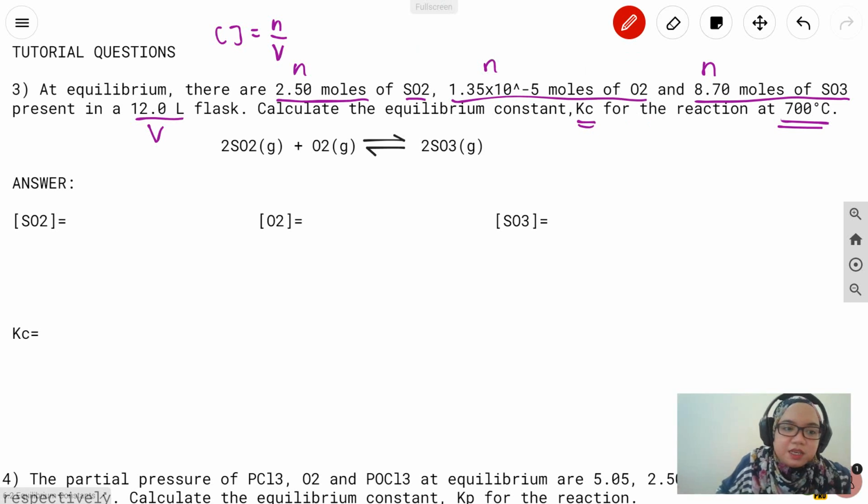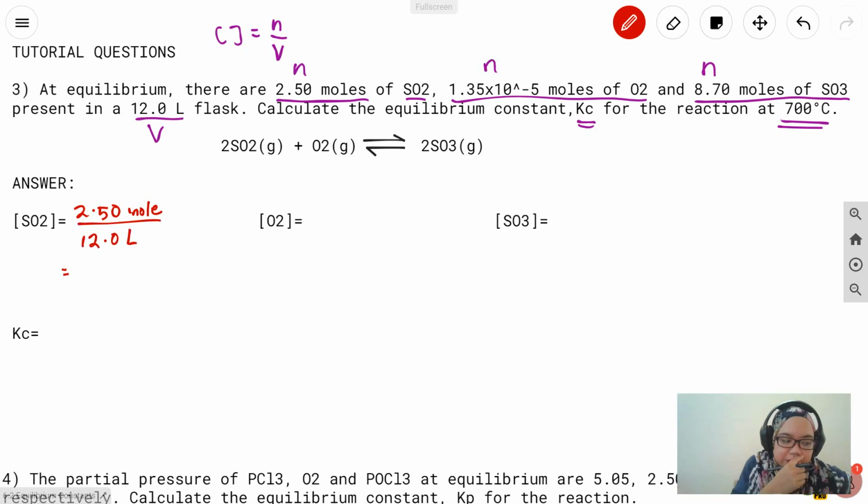So the concentration of sulfur dioxide is 2.50 moles divided by the volume, 12 liters. So we get the concentration equal to 0.2083 molar.